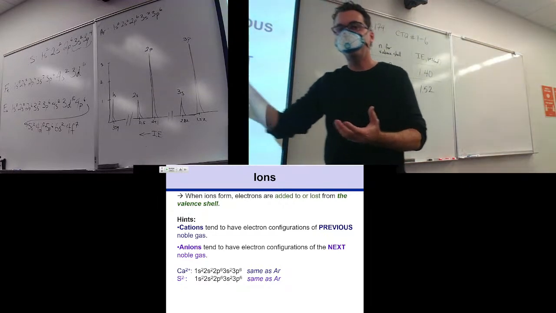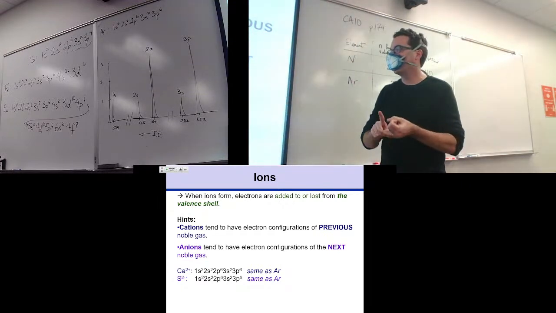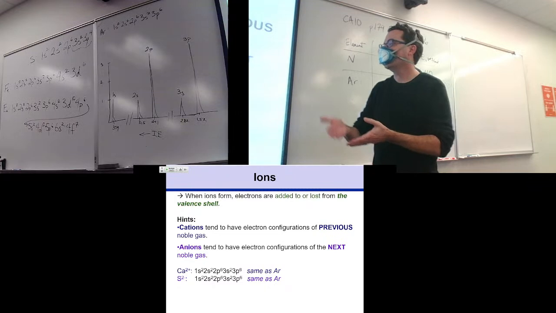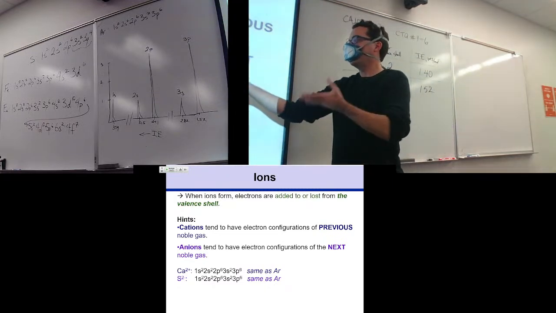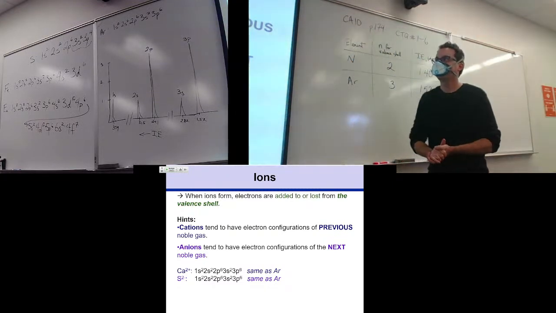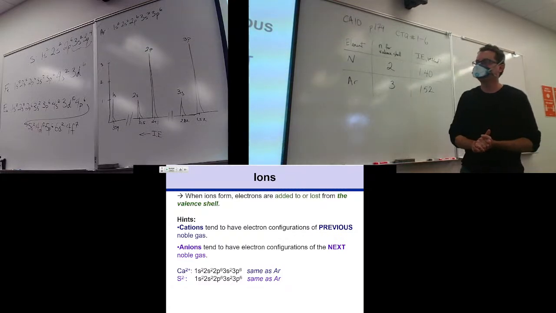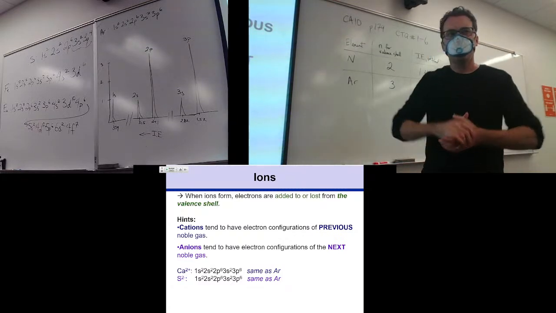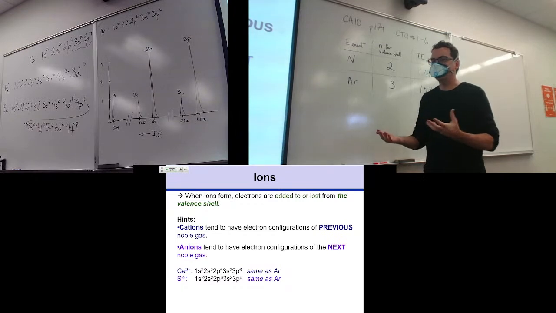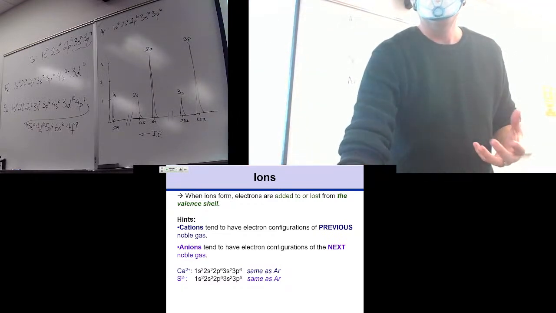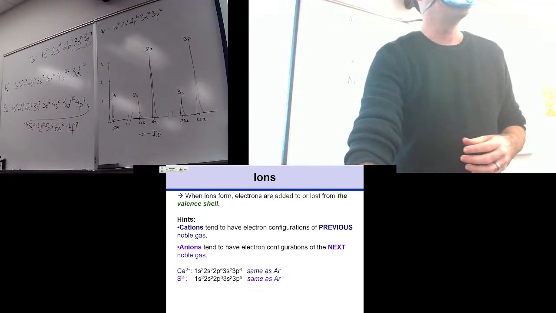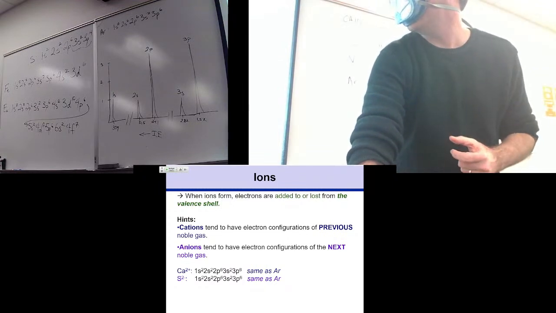But S2- means you add 2 extra electrons, and so instead of 3p4, it's now 3p6, which is the same as argon, the noble gas that goes right after sulfur. So you're starting to see patterns, hopefully, of why these ions form the way they do. Something about those noble gas electron configurations makes them very stable.